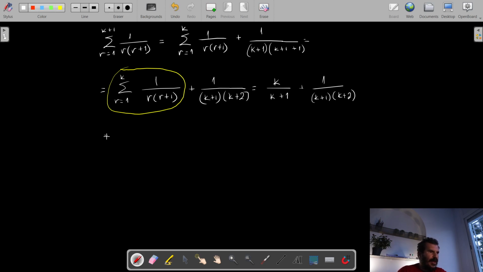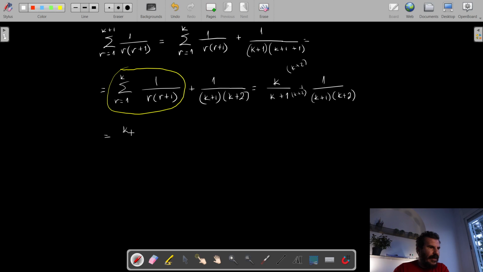Let me continue here. If you're good with the algebra, this is the only part where you will utilize it. So if you have good algebraic skills, this is going to be easy. What should I do here? Well, I have two fractions. I want them with the same denominator, so I will multiply the first fraction by k plus 2, numerator and denominator.